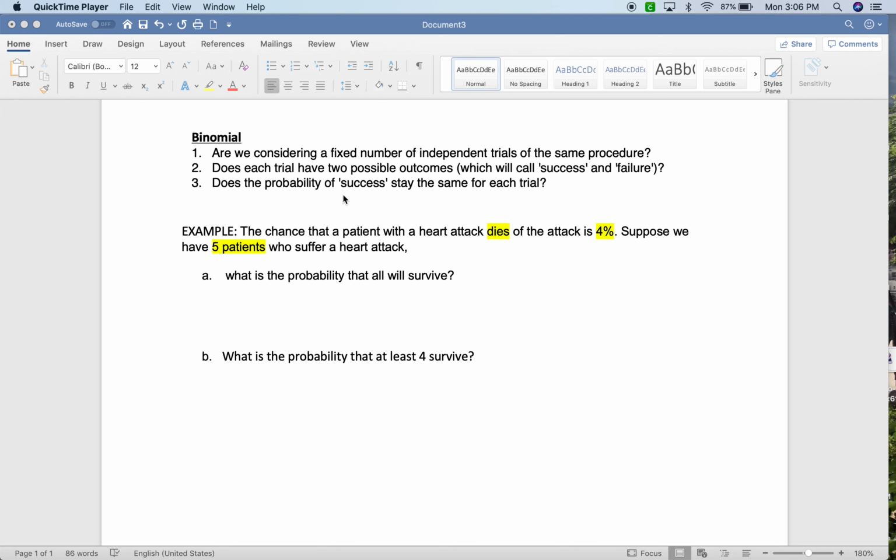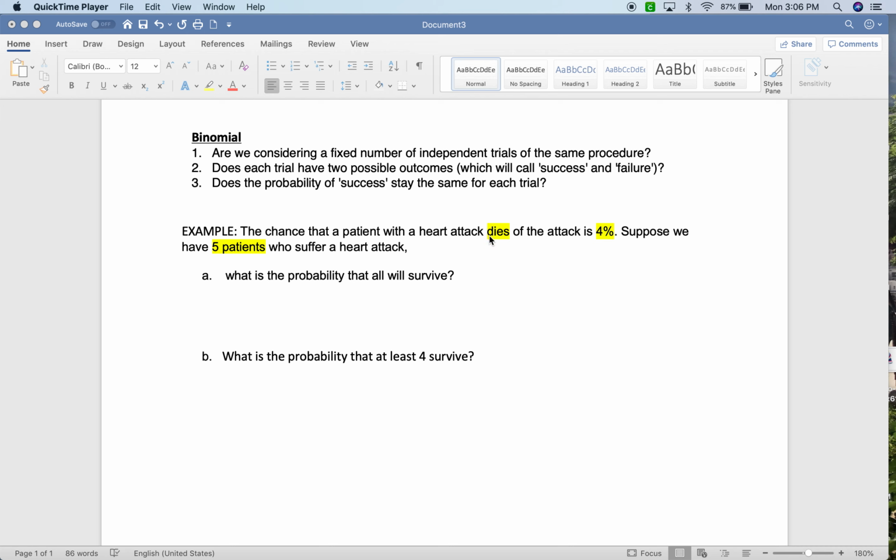First off, we need to see if this is a binomial problem by going through the 3 conditions. Number 1, are we considering a fixed number of independent trials of the same procedure? It tells us that we have 5 patients, so that's our fixed number of 5. So it checks off condition number 1. Condition number 2, does each trial have 2 possible outcomes?